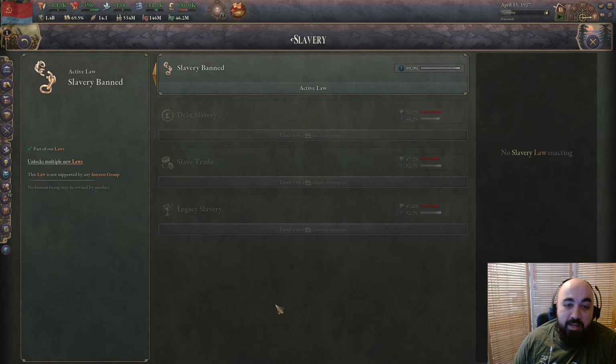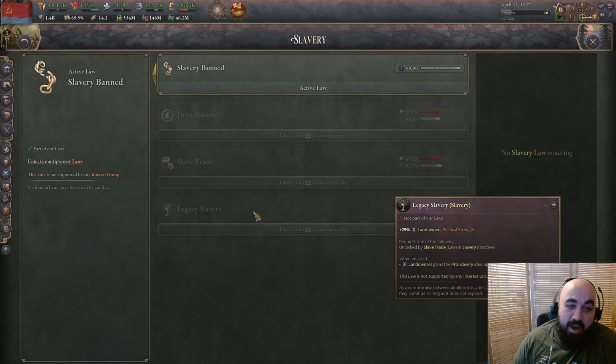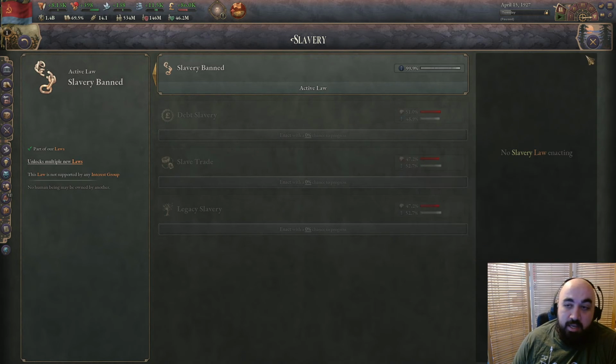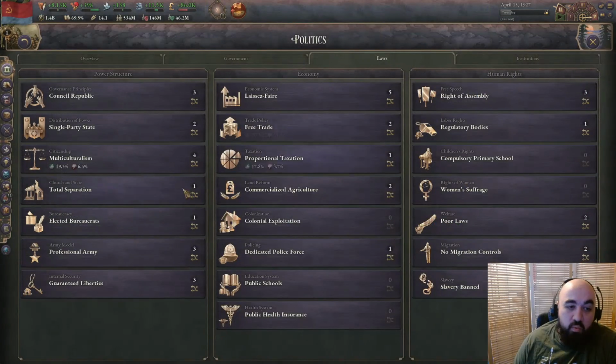Finally, slavery banned. Slavery is just not very good. It depresses SOL, you can't really properly tax the pops, and their consumption profile isn't very good, so generally you don't like slaves. Now, there are maybe some caveats and maybe a little bit of testing that I would need, where I think staying on slave trade for a little bit of time might be good, especially before you can really get total separation and multiculturalism going.